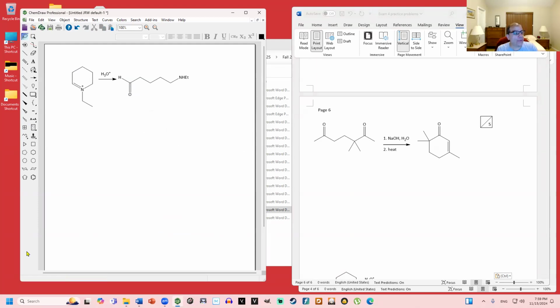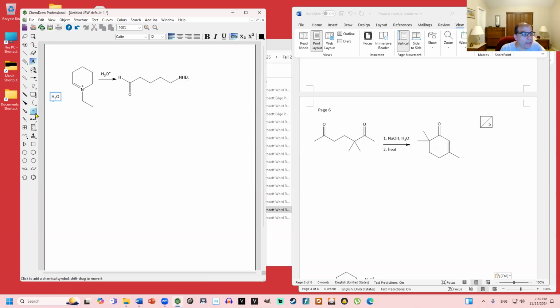So the first step of the reaction is going to be water adding to that carbon. You have C double bond N plus, which is going to act like C double bond O. That's going to be a good electrophile. So water is going to add to that carbon.